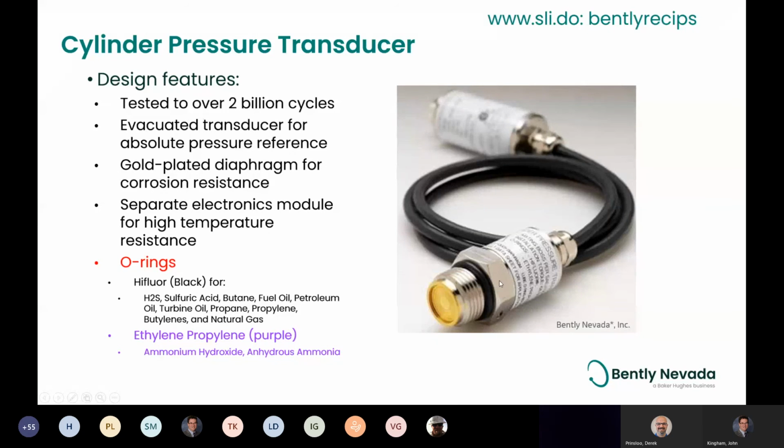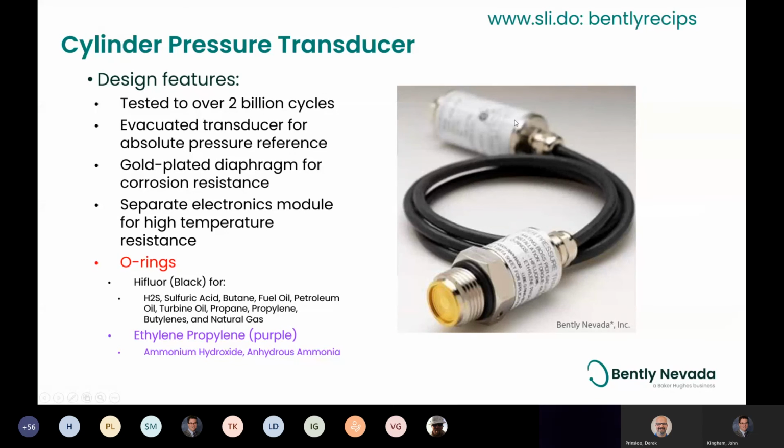This fitting is evacuated, so it's under a vacuum. Gives you an absolute pressure reference, so it's not referencing standard atmosphere. The diaphragm is gold-plated for corrosion resistance, and I'll show you a neat slide next.